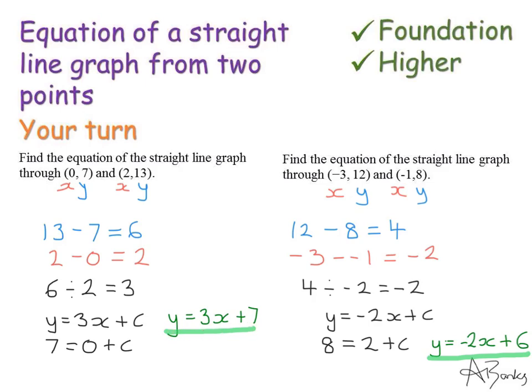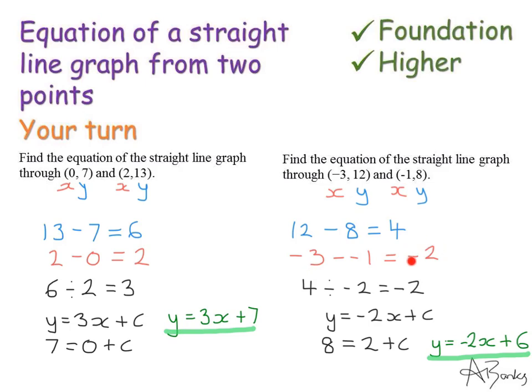For the second one, the difference in my y values, I did 12 take away 8, which is 4. And then because I did 12 take away 8, I had to do minus 3 take away minus 1. This gives me the same as minus 3 add 1, which is minus 2.